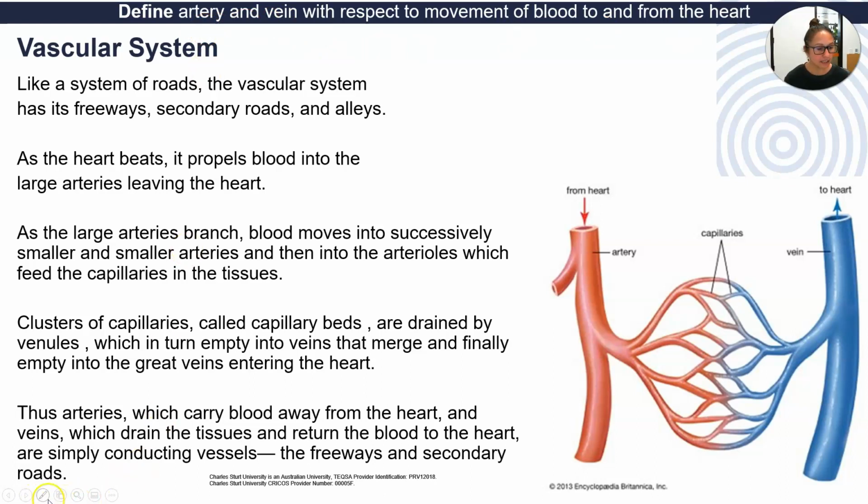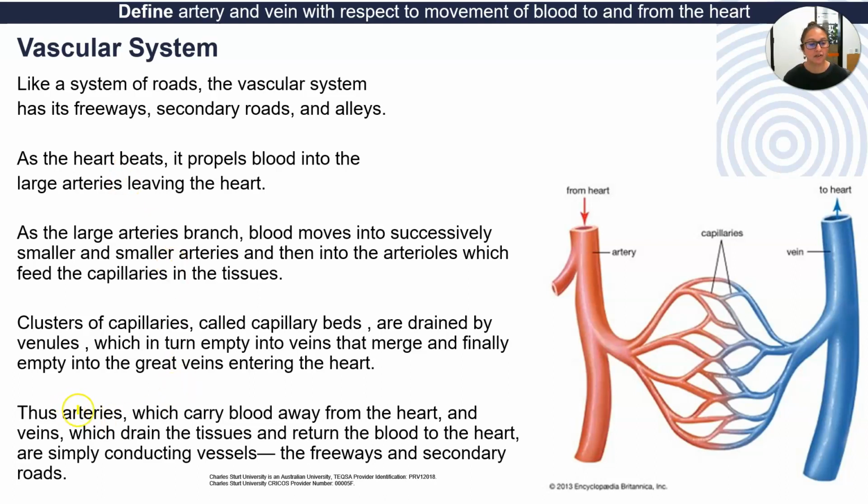If we have a look here on this slide, the heart is doing the propelling of the blood, whereas the vascular system, or the arteries and the veins, are the ones that are delivering the blood to the tissues.